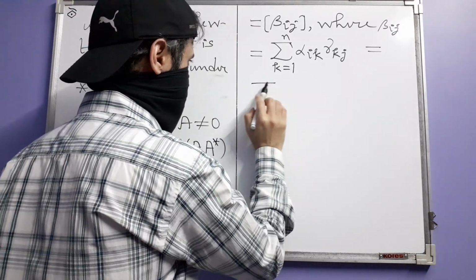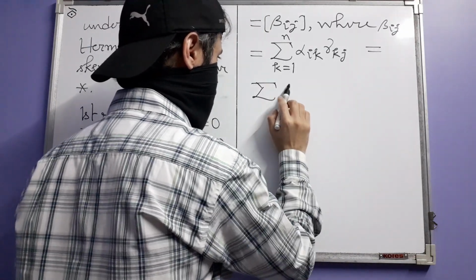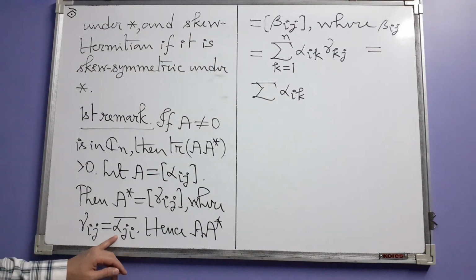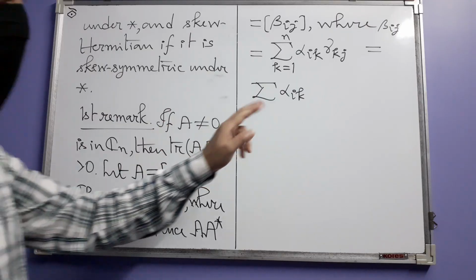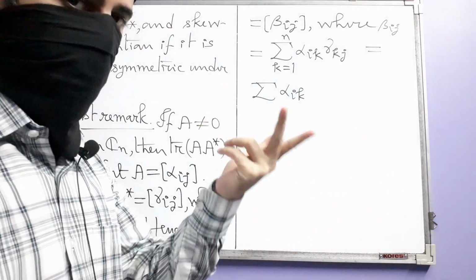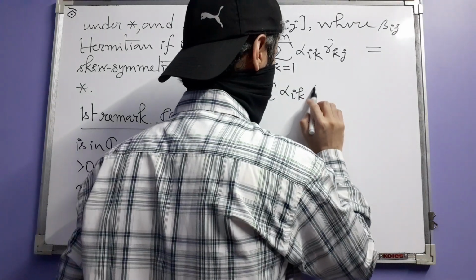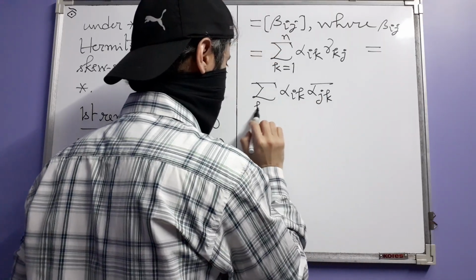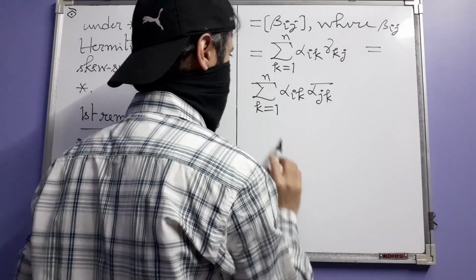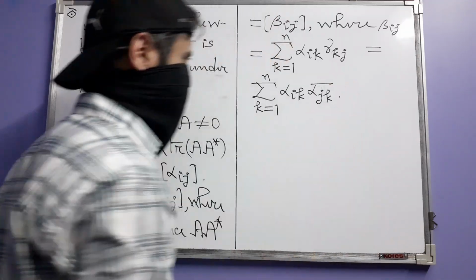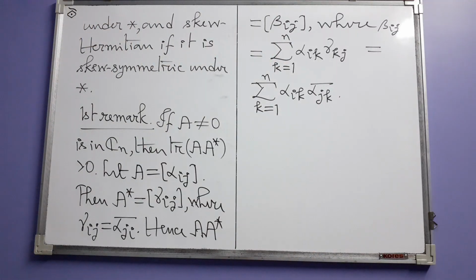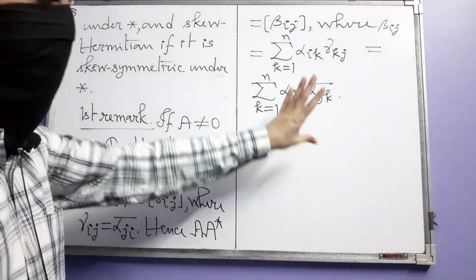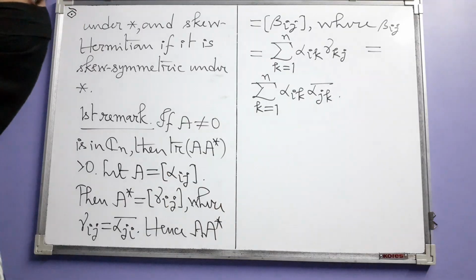Now let us write what these gammas are. So gamma kj is alpha jk bar. The indices get interchanged and we have complex conjugate as well. Okay, so this is what the entry is. You cannot write anything else now itself. Okay, this far you can go with the product.